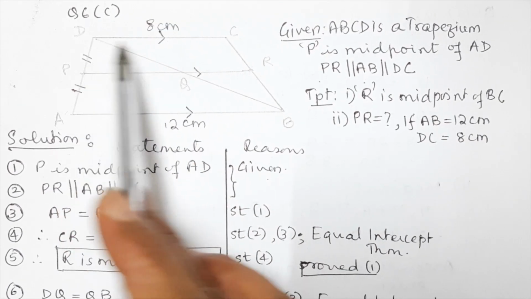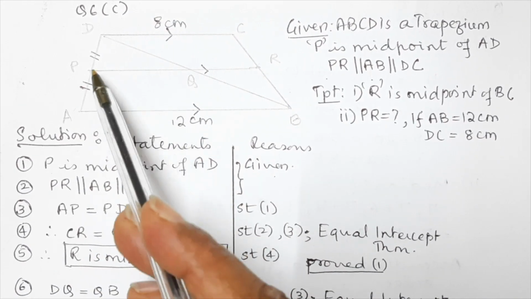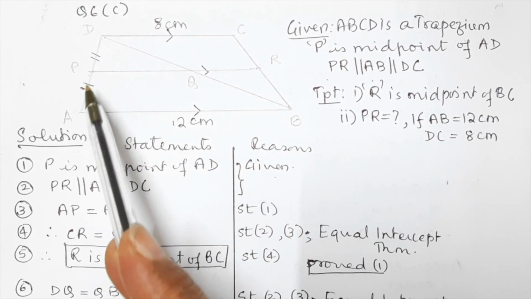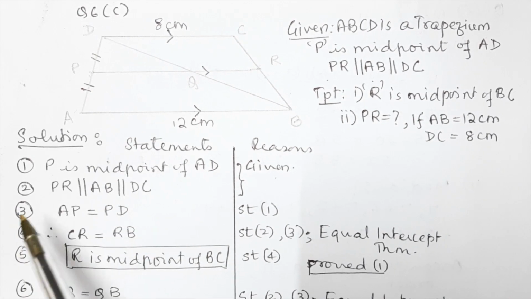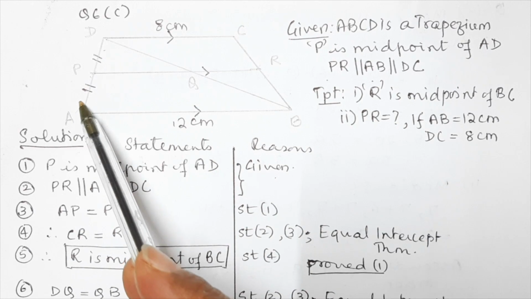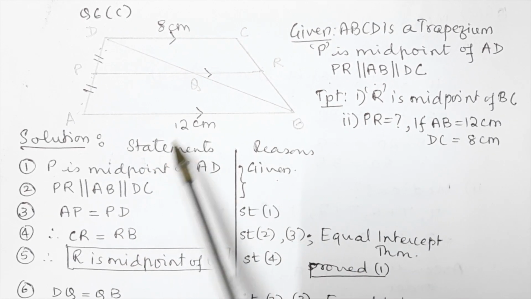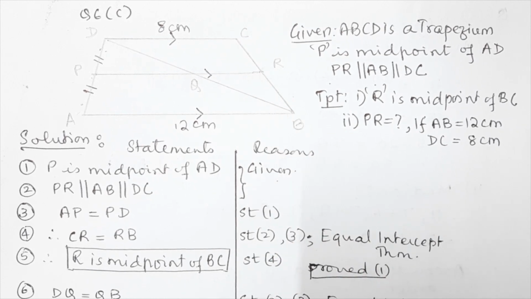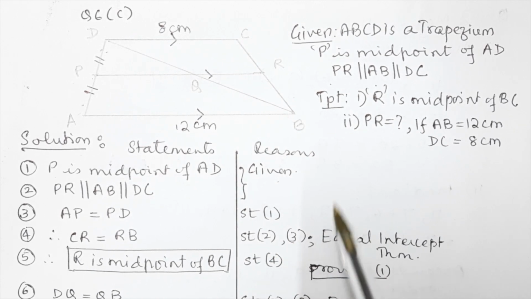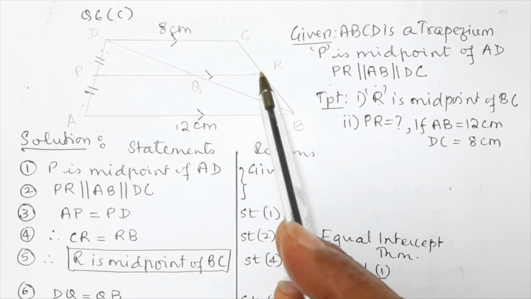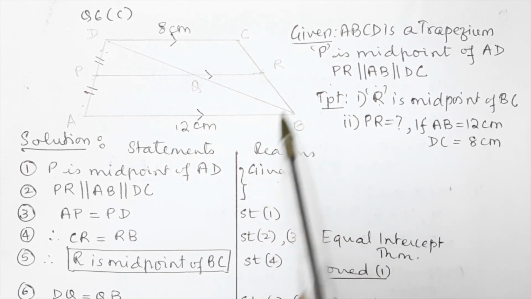We know that these three lines are parallel, and we have this AP and PD, they are equal to each other, which means they are equal intercepts. So even DQ and QB will be equal intercepts, and CR and RB also will be equal intercepts. But we have to come to R, so we will look at CR equal to RB.